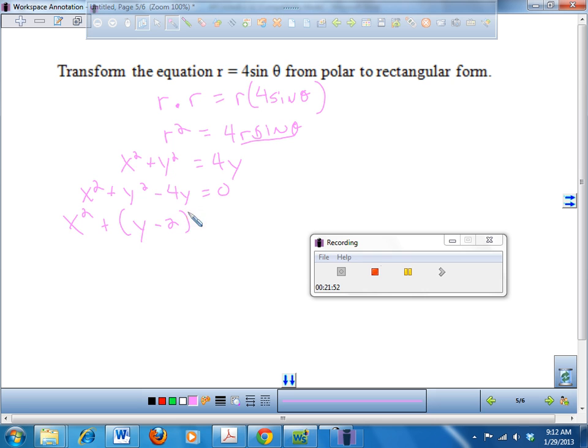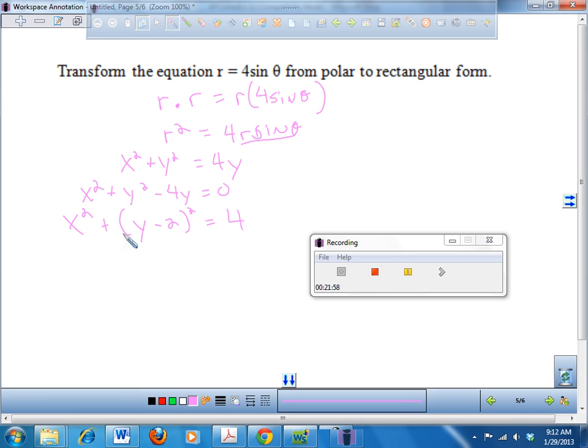What's that called? Completing the square. You guys know what I just did? I completed the square, right? Because y squared minus 4y is equal to y minus 2 squared, plus, when I do this, I have added 4 to this side. So I add a 4 to this side to balance it out.